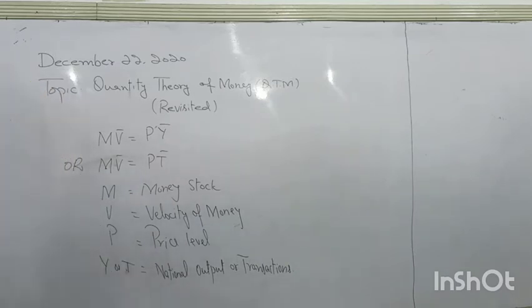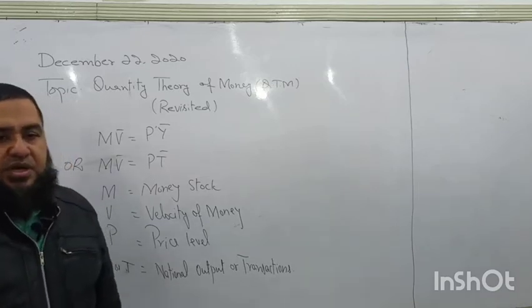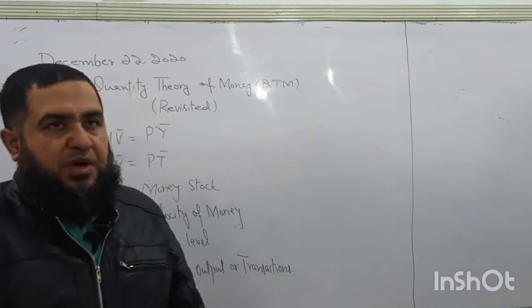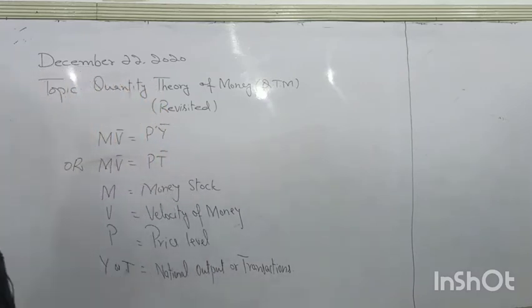So first of all, I am going to revisit the quantity theory of money. If you remember, we studied it in our AS level when we were talking about the causes of inflation in chapter number 4 of macroeconomics. This is the quantity theory of money, which was given by the monetarist thought.